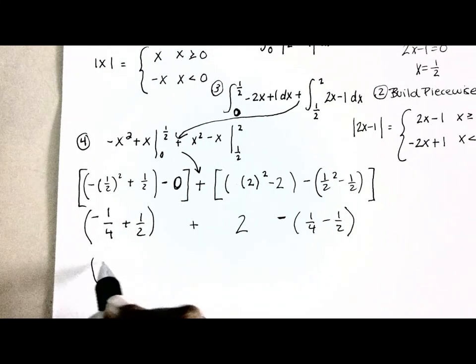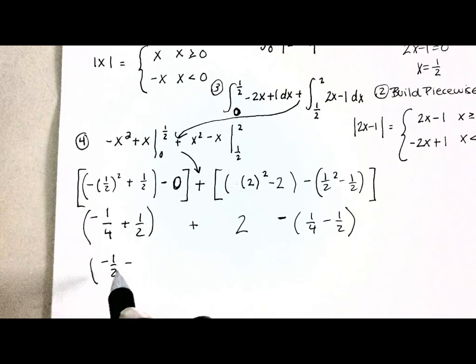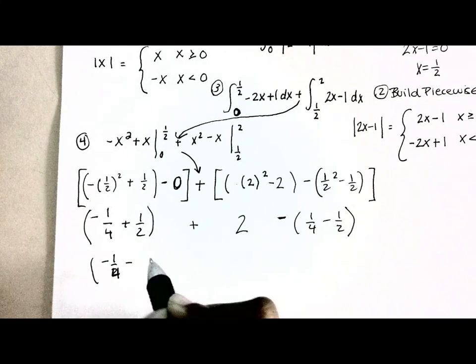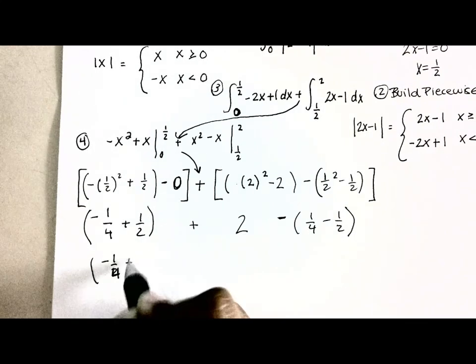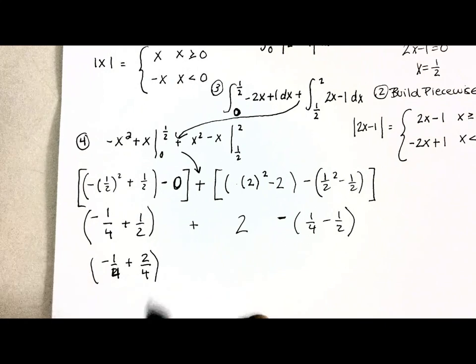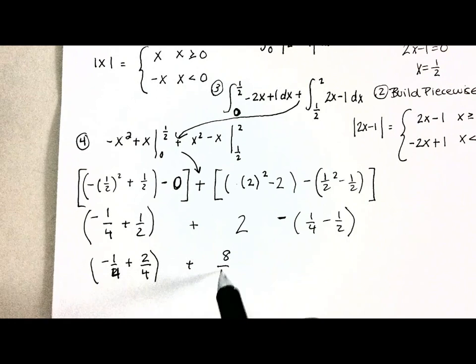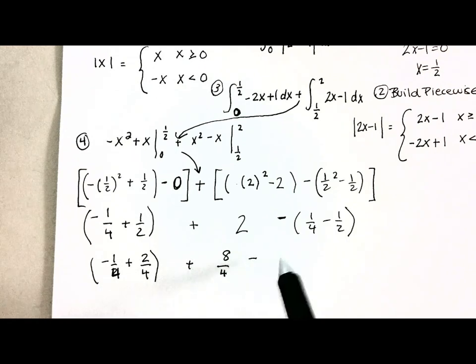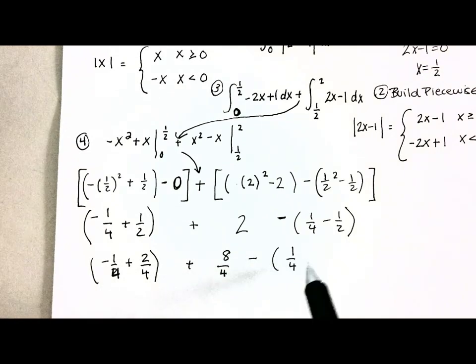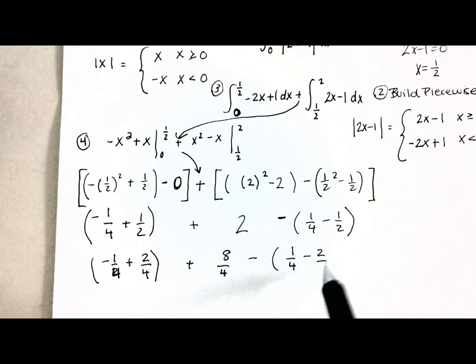So then that's negative 1/4 plus 2/4 plus 8/4 minus 1/4 minus 2/4.